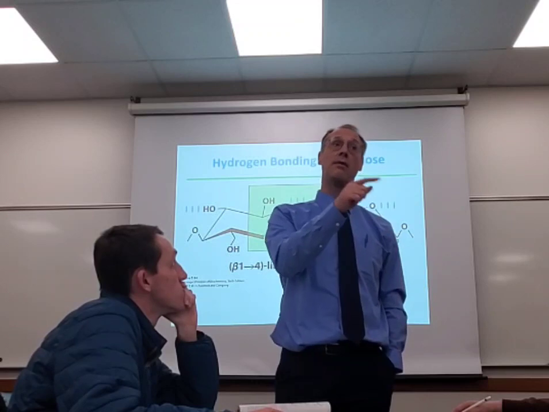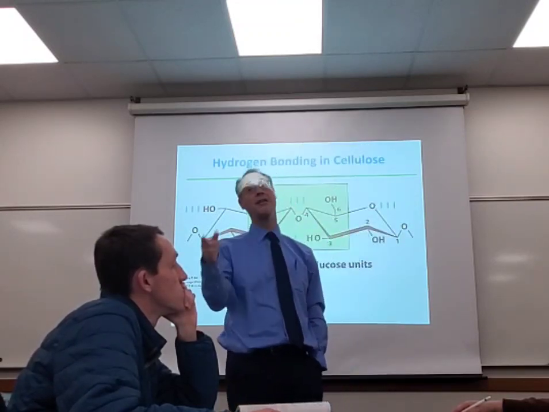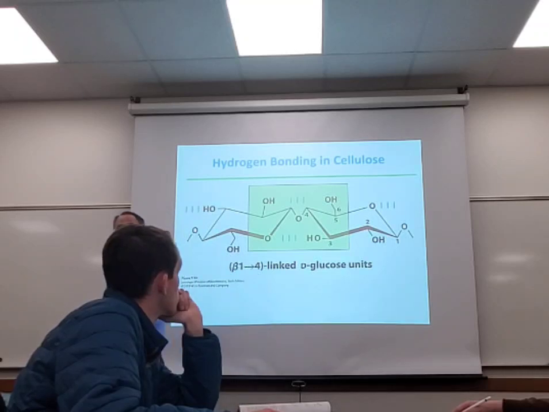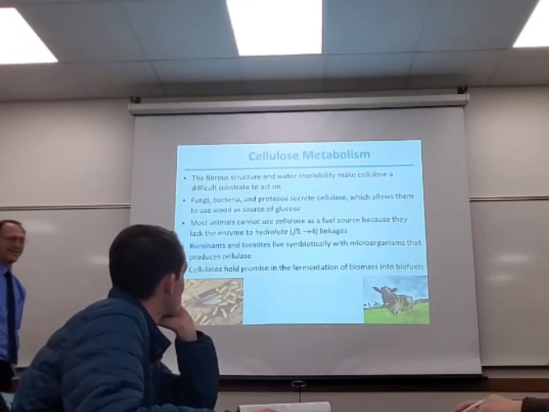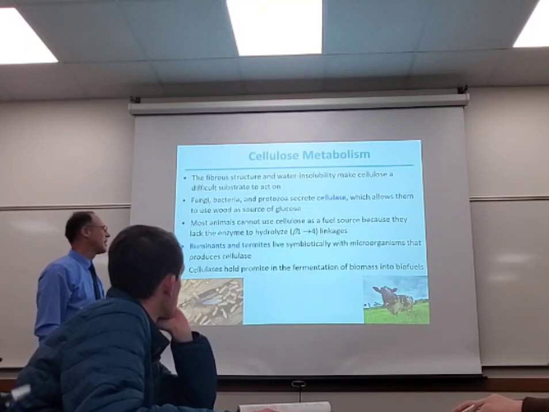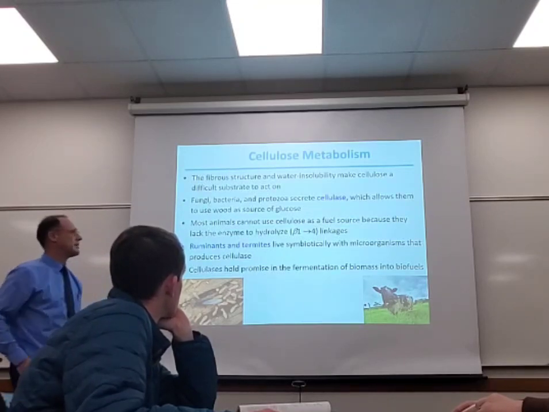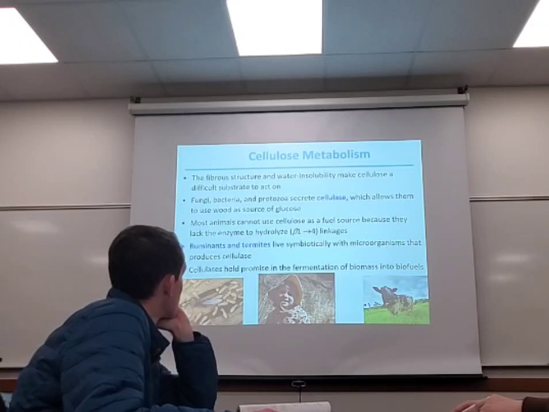But bacteria that reside as symbiotes in termites, bacteria that reside in ruminants, they can. Good for them. But you can't. So termites can break it down, cows can break it down, beta 1,4, symbiotes in that, and you, that's a no-go. Put a big ol' X.